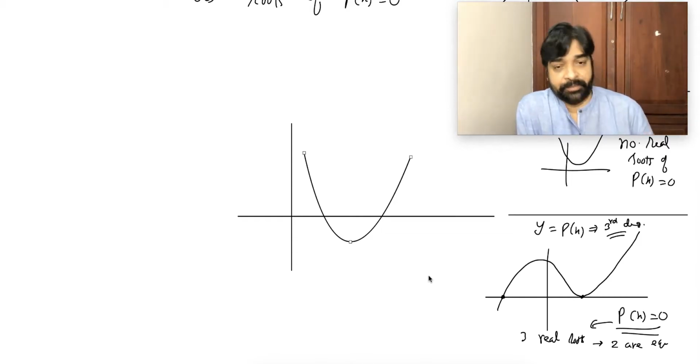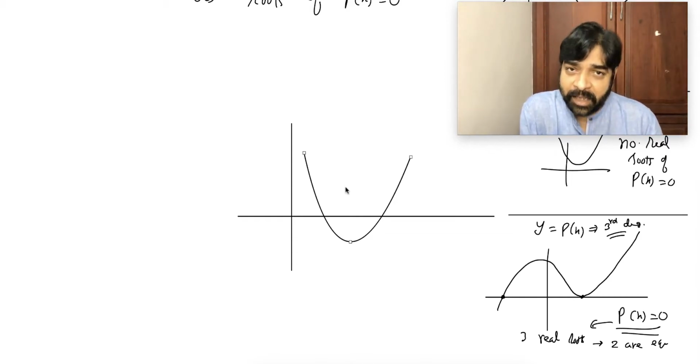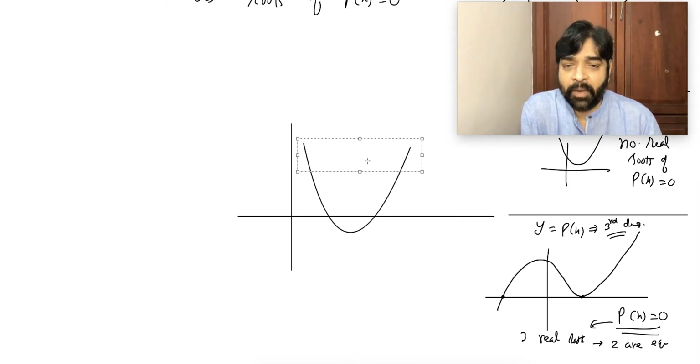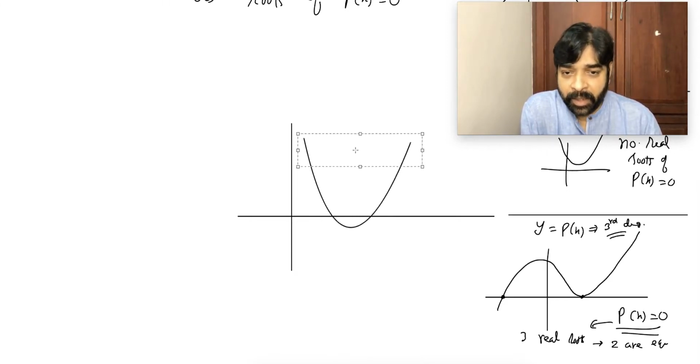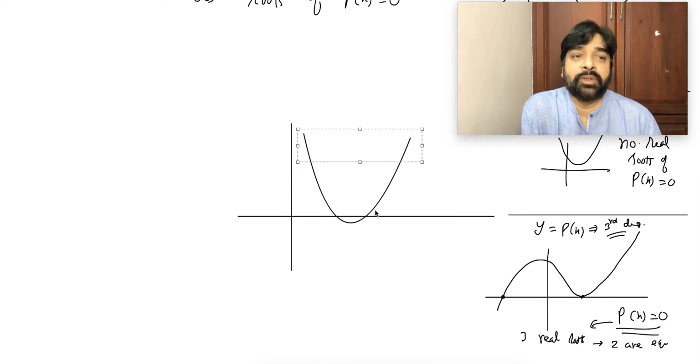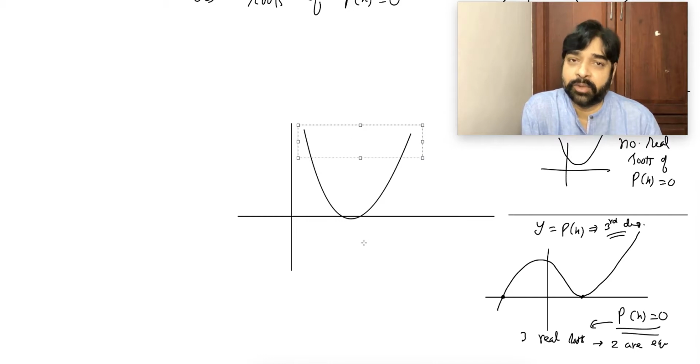Now just imagine. If I start shifting it up, now also 2 real roots, but those 2 real roots came closer. Now 2 real roots, but they came even closer. Still 2 real roots, equal roots are there, they are very close.